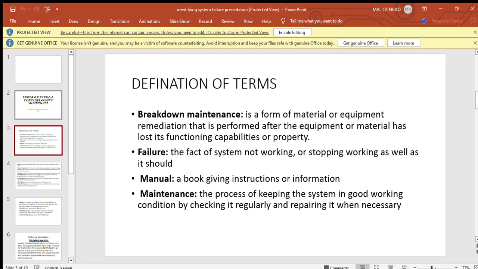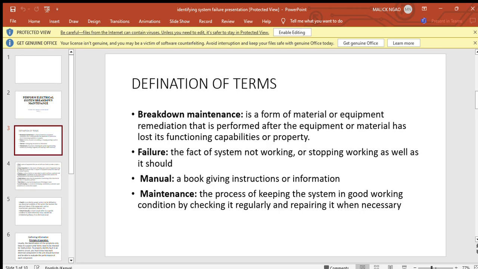System failure is the fact that a system is not working, or it has stopped working according to its required procedure. Under this unit, we'll be discussing some terms, and our first term is breakdown maintenance.